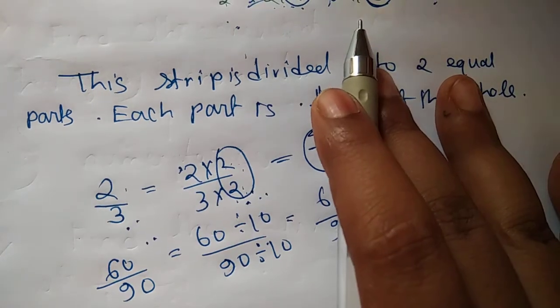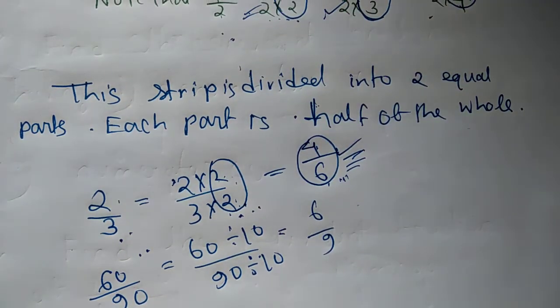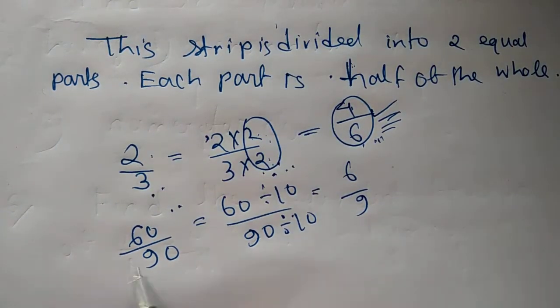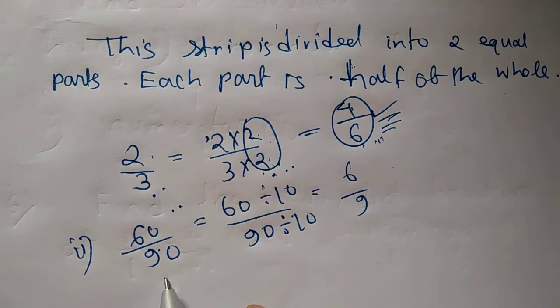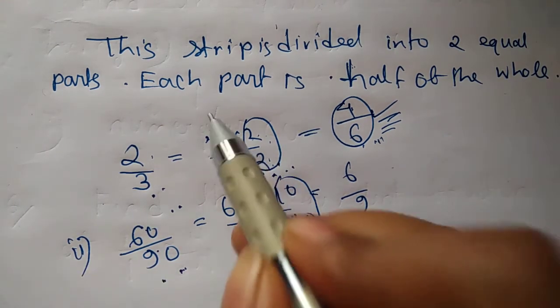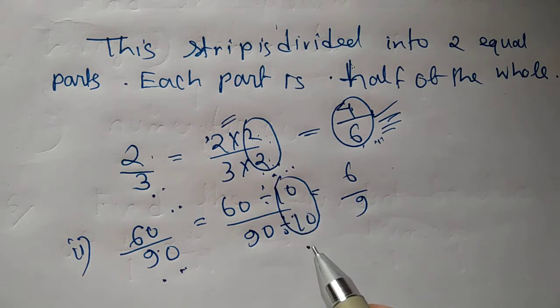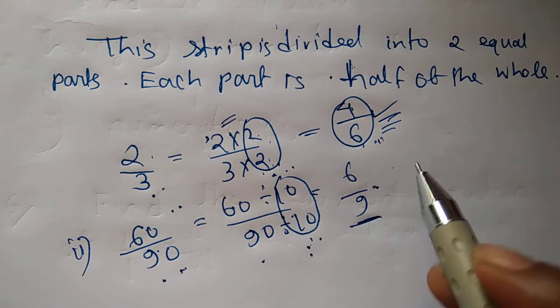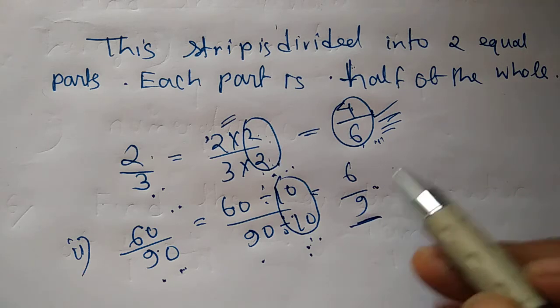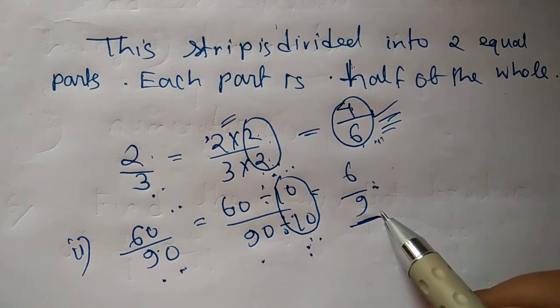And also there is another property of equivalent fraction. If we look at this fraction 60 divide 90, if the numerator and denominator of a fraction are divided by the same number, here this is multiply, and here if the numerator and denominator are divided by the same number except 0, the value of the fraction remains same and an equivalent fraction is obtained.